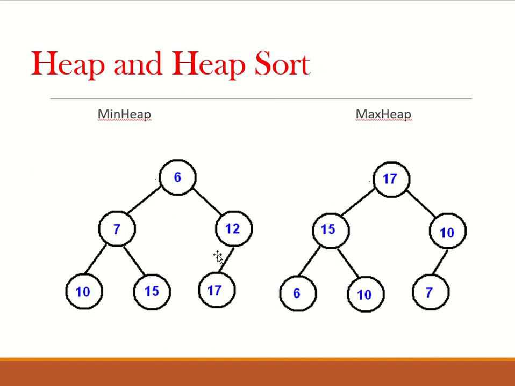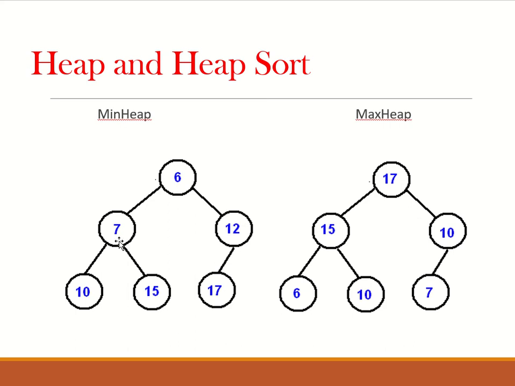So this is my example. This is a min heap and this one is a max heap. Here you have a root node which is 6 and it has two children, 7 and 12. This is a complete binary tree. You can see both 7 and 12 have a value greater than their parent, which is 6.